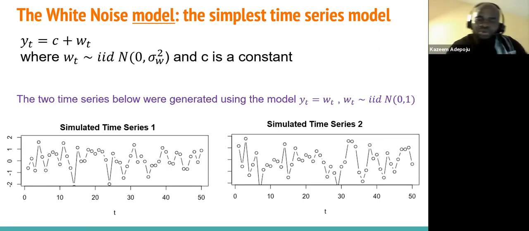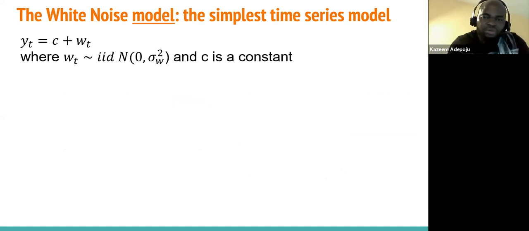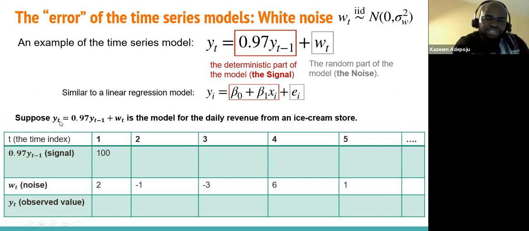And that is why, looking at the daily revenue that I'm talking about, in a situation where this is zero, where there is no correlation, of course, you're going to have Y_t equal to W_t. Y_t equal to W_t means the daily revenue from an ice cream store cannot be linked to any predictor.